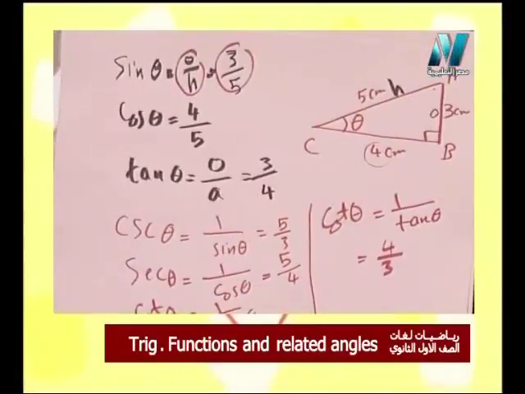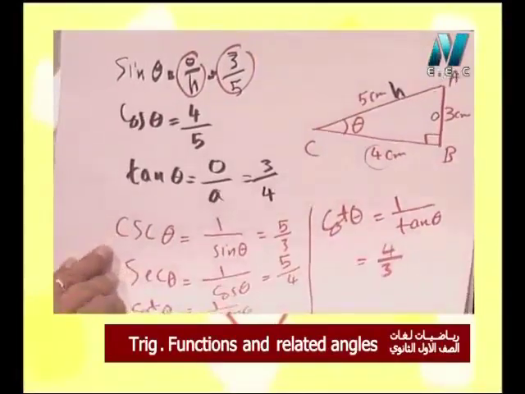Let's go to another property here for sine and cosine. Sine theta and cosine theta are not more than 1 and not less than -1. Let's see here. We have a unit circle. We can draw a new unit circle here.